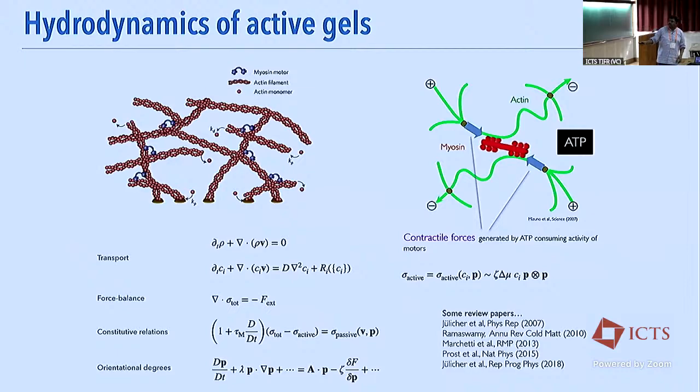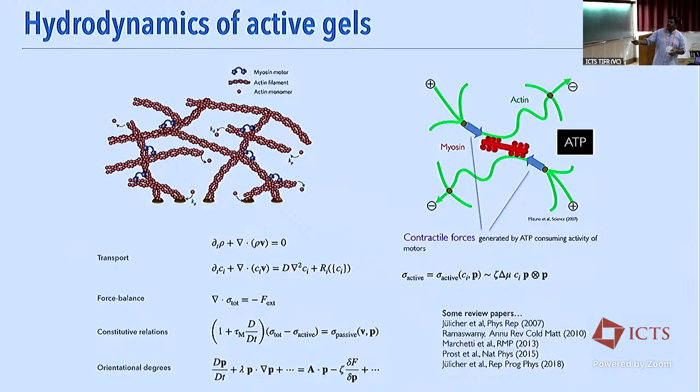So there's a vast literature on active hydrodynamics from the past 20, 25 years. What one does is write down conservation laws for densities of conserved quantities, or if there are orientational order parameters, you write down equations for them. Typically, the systems that one looks at in living systems are at a very low Reynolds number, so you can typically forget inertia. So you do force and torque balance.